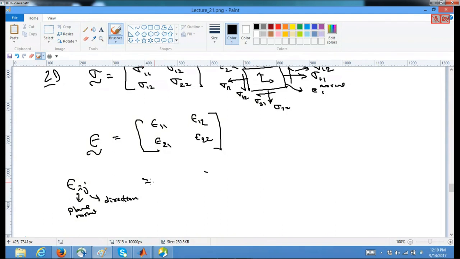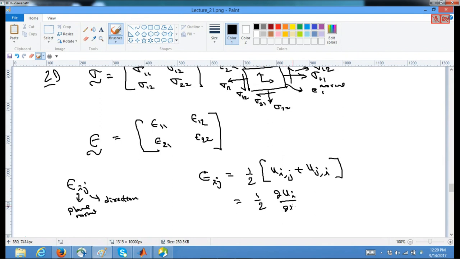Further, epsilon ij has a definition. Epsilon ij is equal to 1/2 (u i comma j plus u j comma i). That is nothing but, anyway, you might have seen it as 1/2 (dou ui by dou xj plus dou uj by dou xi) in this manner.